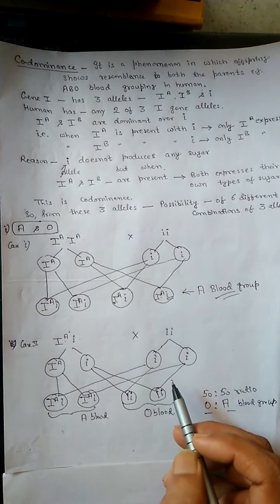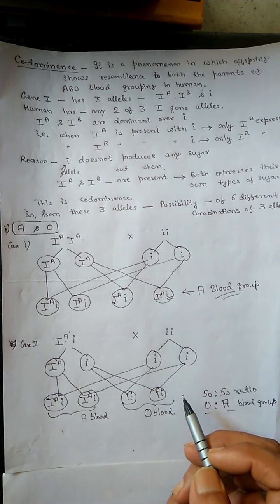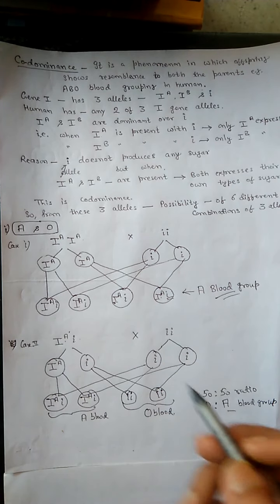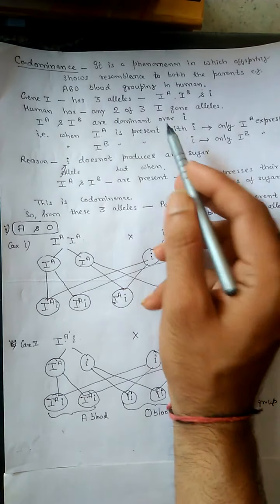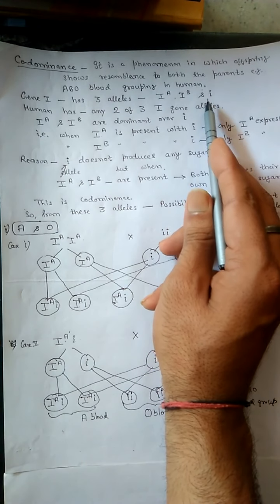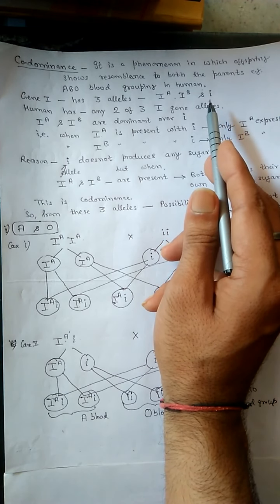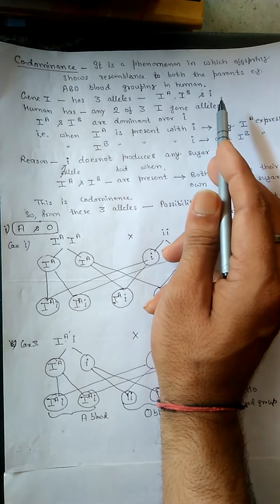Now from the whole conclusion it is clear that ABO blood grouping is a good example of multiple alleles. Here more than two alleles are present, a total of three alleles that govern the same character.